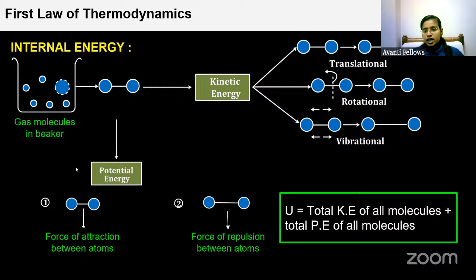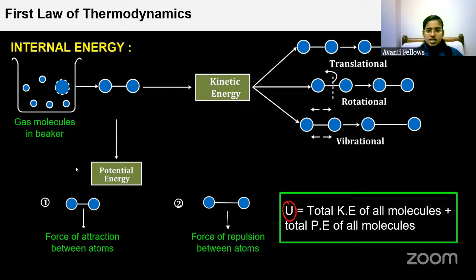Total kinetic energy of all molecules plus total potential energy of all molecules is equal to the internal energy of the system. The energy which is present inside the system is called internal energy: kinetic energy plus potential energy.